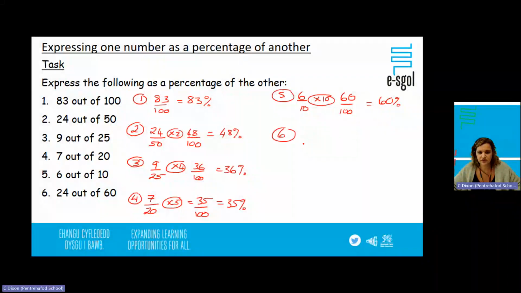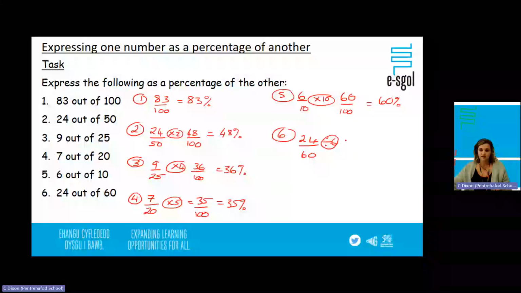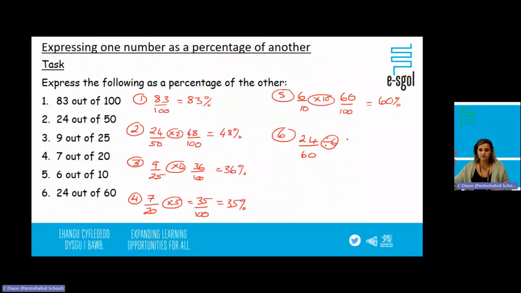And the final question. Now then, 24 out of 60 looks as if it doesn't work nicely into 100. You think, well, counting in 60s doesn't get me there. But you can actually simplify, cancel the fraction down, and then build back up. So if I start by dividing by 6, because I know 6 goes into 24 and 6 goes into 60, that will give me an equivalent fraction of 4 out of 10.